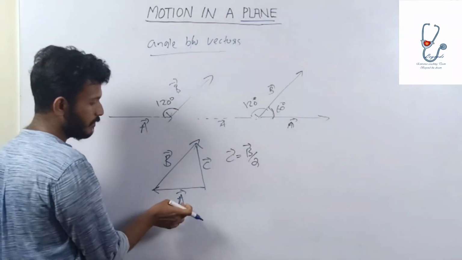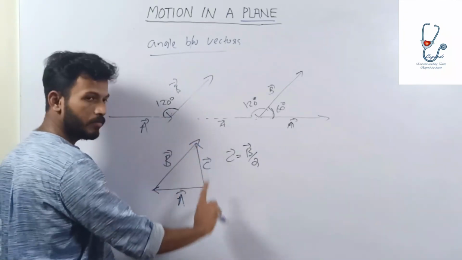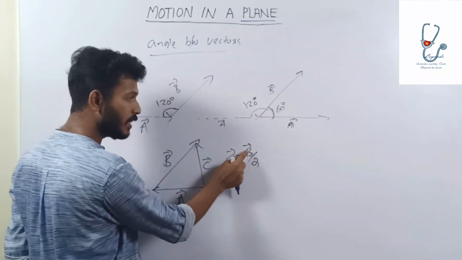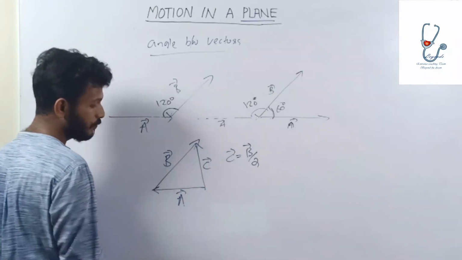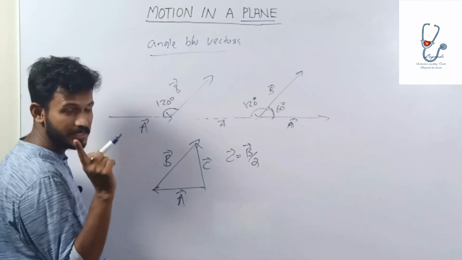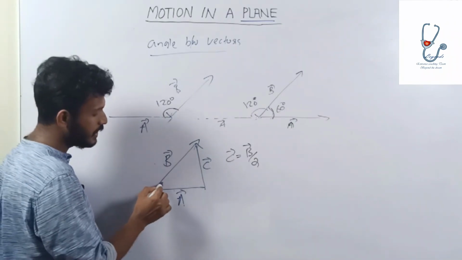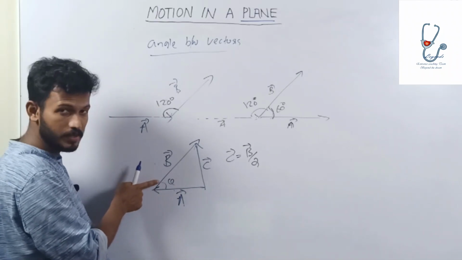Look at this question. Vector A, vector B, vector C. If vector C equal to vector B by 2, then what is the angle between A and B? We have to find out angle between A and B. But this is not that angle because this is head and this is tail. Okay.